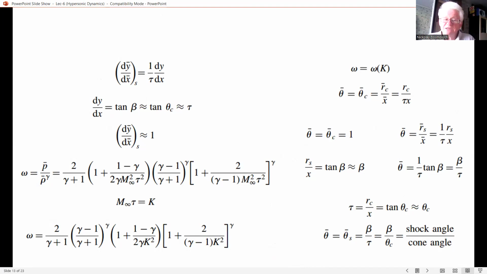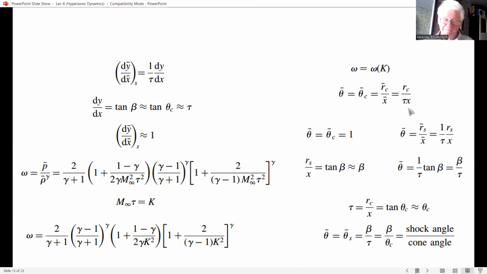Okay? So the solution of our equation must satisfy boundary conditions at the body and behind the shock wave. Now, let us address these boundary conditions by first noting the values of theta average on the body and at the shock wave. At the body, the surface of the cone with semi-angle theta sub c gives us an expression in this case for theta average, okay?